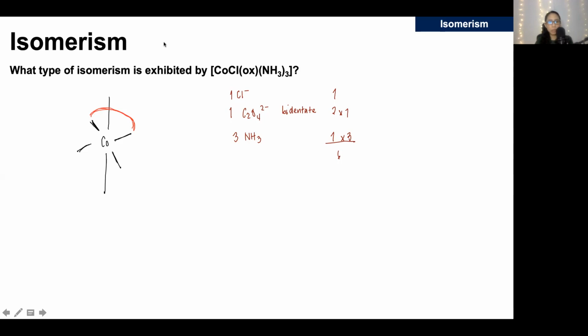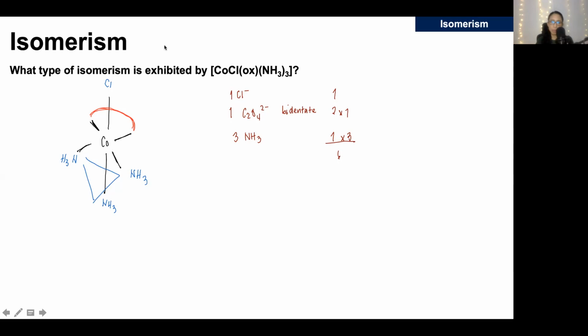And then I have 1 chloro. So if I place my chloro here, that means my ammonia ligands are here, and this is a FAC isomer because you have there the vertices of one face.